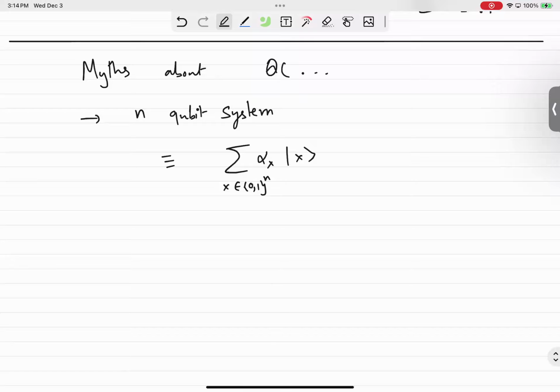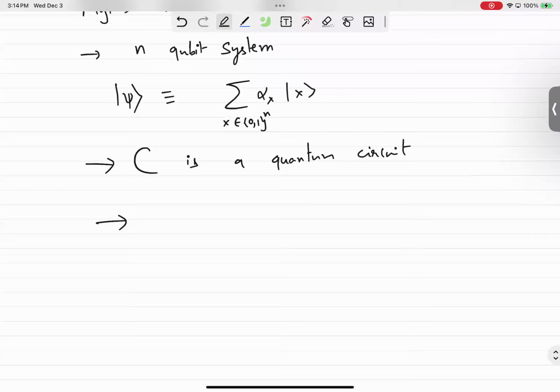Now you can imagine if I have a quantum circuit C, the action of the circuit here would satisfy linearity again, until the measurement.